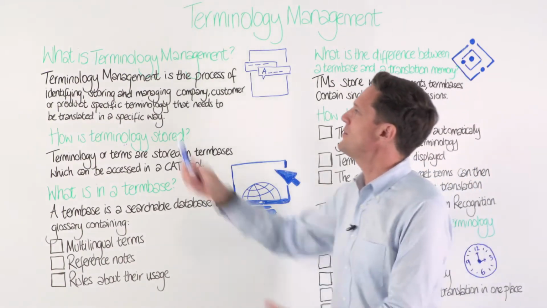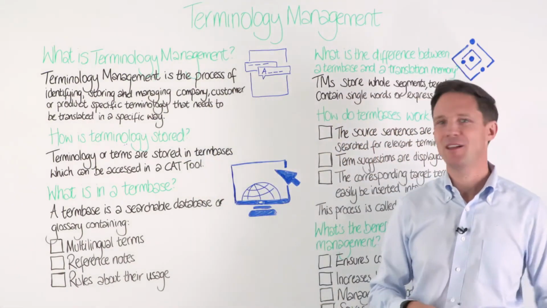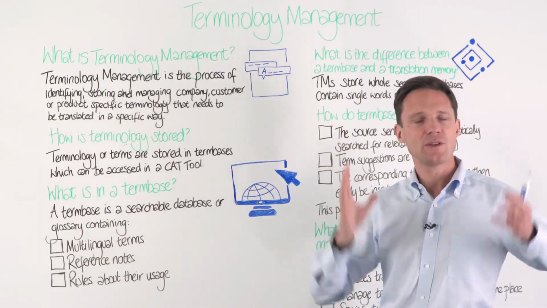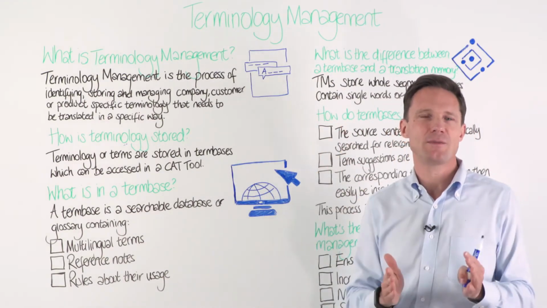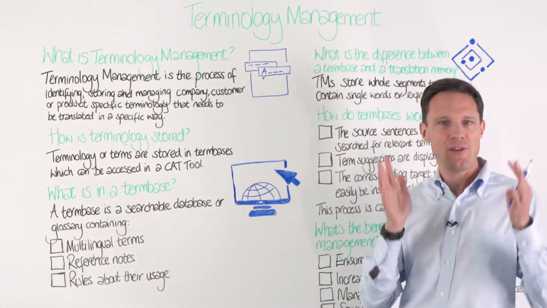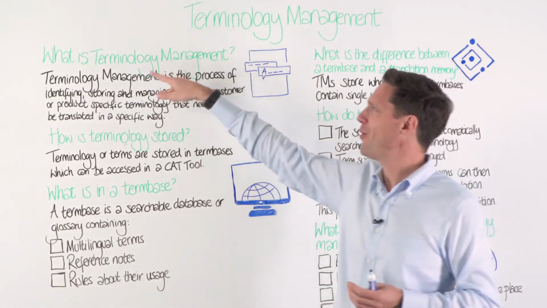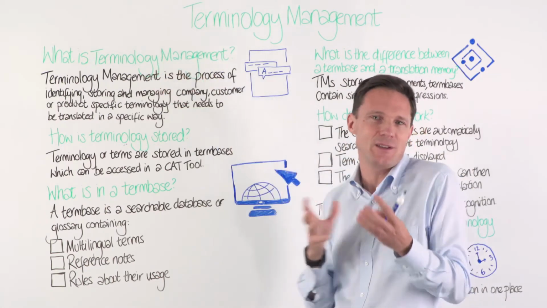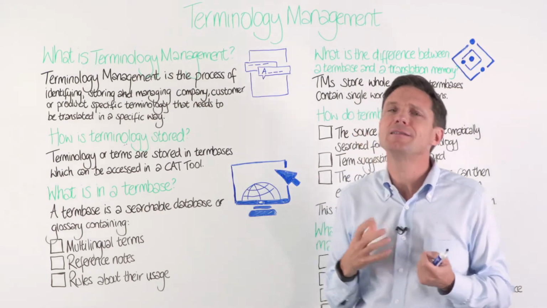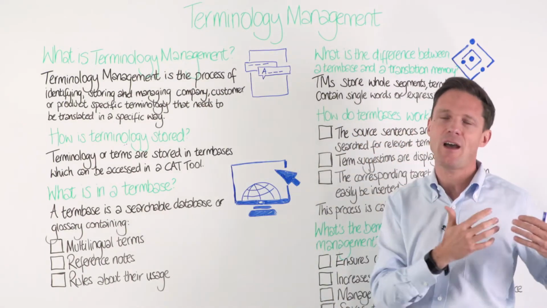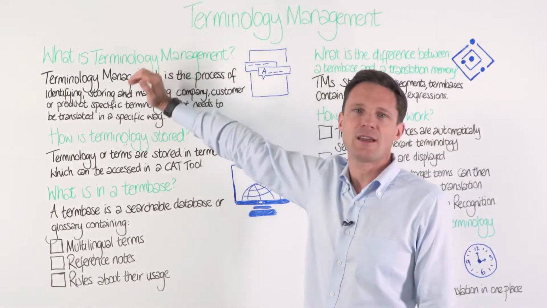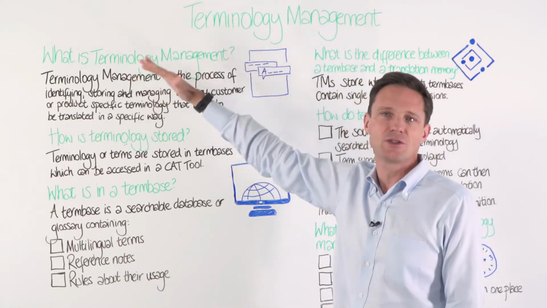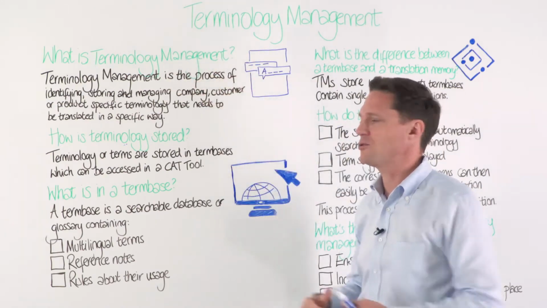You could say that even terminology management could be a term, because you might decide that you want to translate terminology management always in a specific way. And you know what? Translating terminology management in different languages might actually be different, you could translate it in different ways. And so if you decide this is how I'm going to translate terminology management into Italian, you want to make sure you identify that and store it.